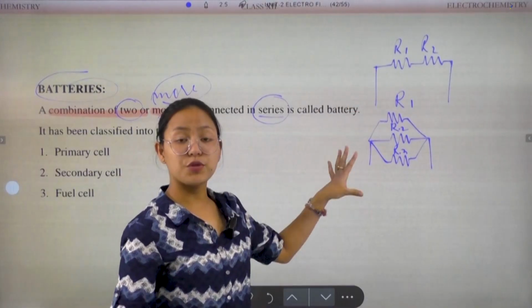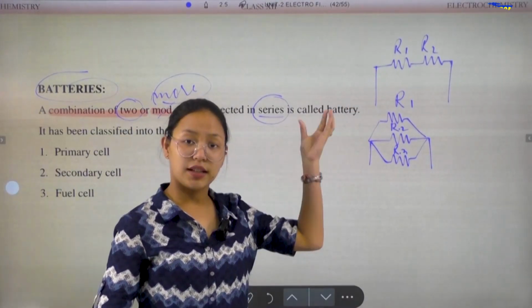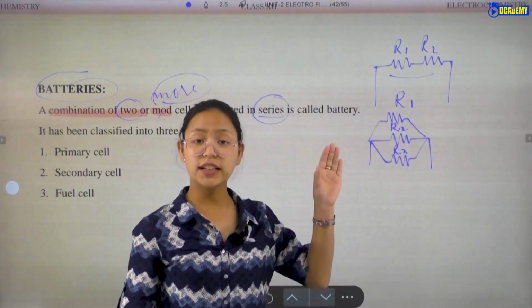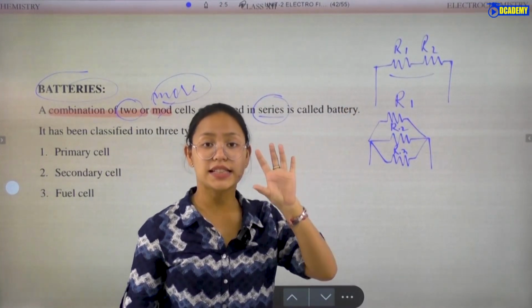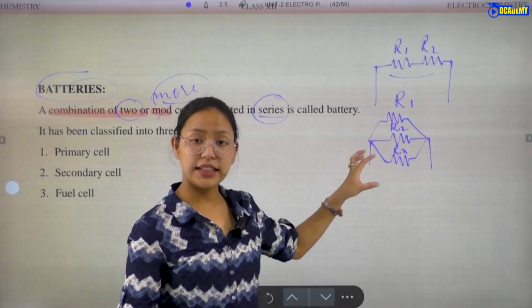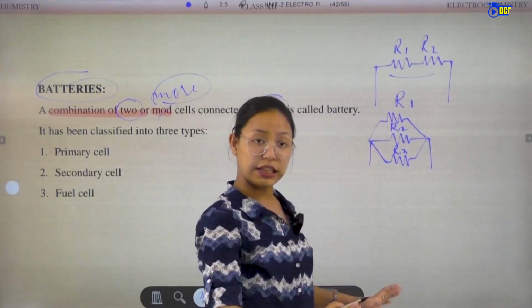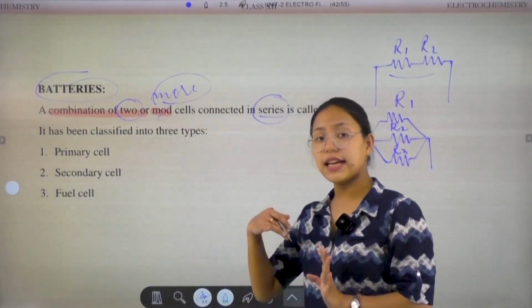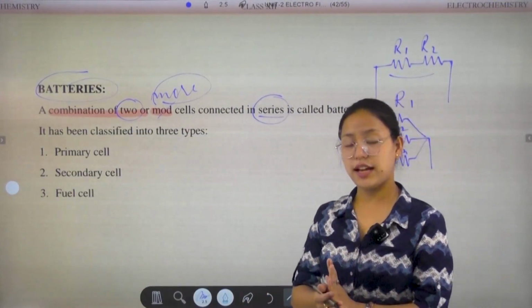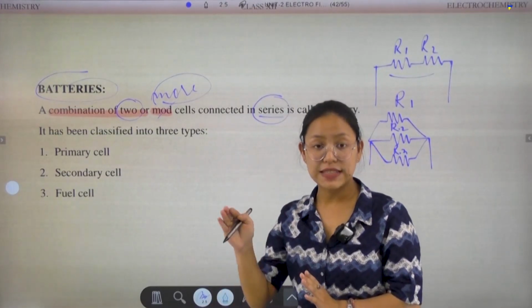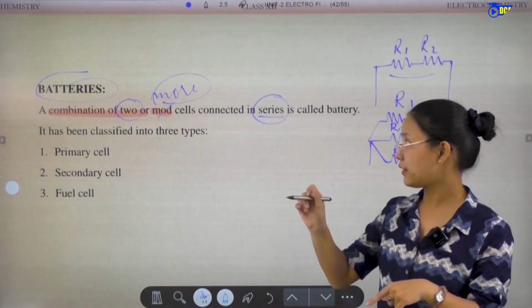So in the above figure, R1 and R2 are connected in a series combination. Then in the below figure, R1, R2, R3 are connected in the parallel combination. So in the case of the battery, it is a combination of two or more cells connected in series.